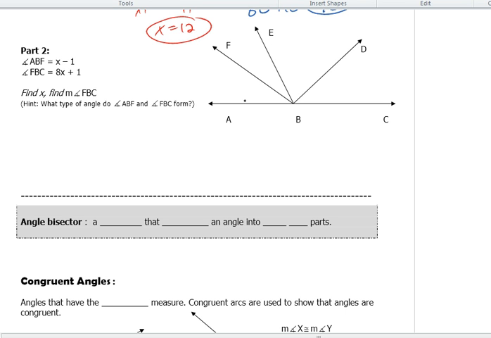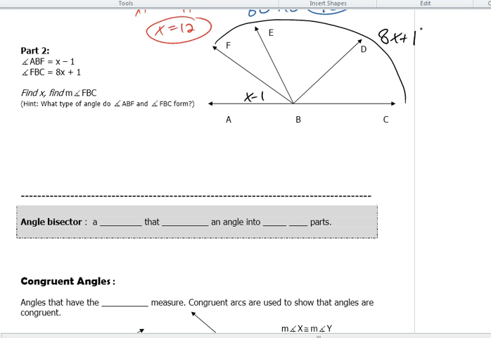ABF is x minus 1. FBC is 8x plus 1, so where's FBC? So from here to there is 8x plus 1. If you want to label it differently, again, that's fine. So, we want to find x, then find FBC.